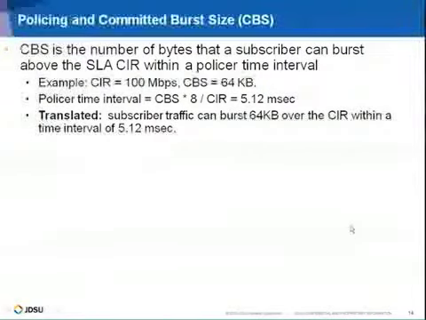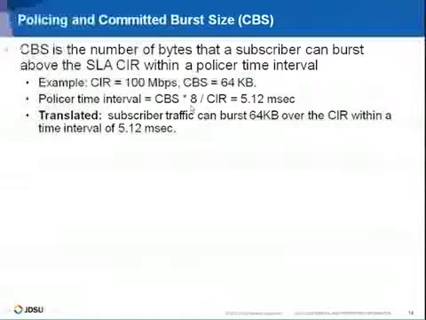So simply stated, CBS is the number of bytes that an end customer's traffic can burst above the CIR. The question then becomes over what time interval, because you could burst traffic and you have to have an interval for which that's measured. So the formula for this time interval is actually pretty straightforward, as you can see below. First, we take the CBS in bytes, and then we multiply it by 8 to get bits.